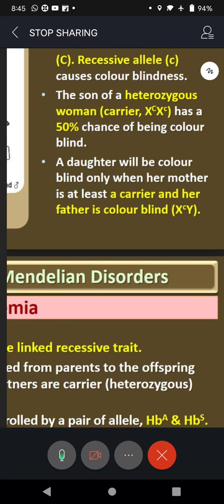And she has 50% chance of passing on color blindness. Of course, only 50%. A daughter will be colorblind only when her mother is at least a carrier and her father is colorblind. That means you are having this X small c and Y chromosome. Okay. Father's genotype is X small c Y and mother is a carrier.